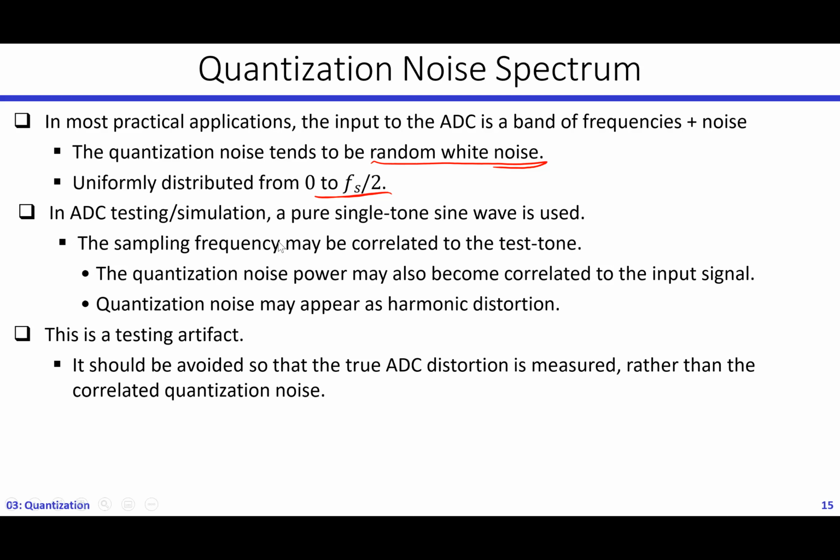Now when you want to select the frequency of this sine wave, it's not a random thing. If you make a wrong selection, you might mistakenly think that your ADC is not doing well, while in reality it can be a good design.